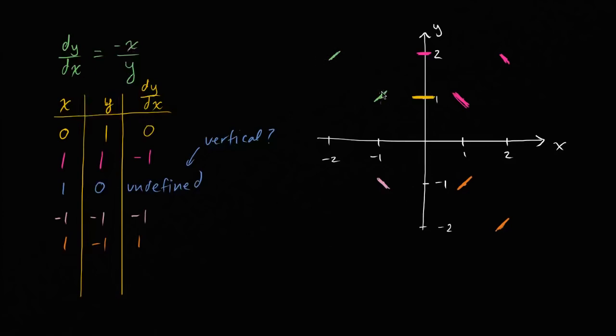And so when you keep drawing these line segments over these sampled points in the Cartesian or xy plane, you start to get a sense of, well, what would a solution have to do? You can start to visualize that maybe a solution would have to do something like this.